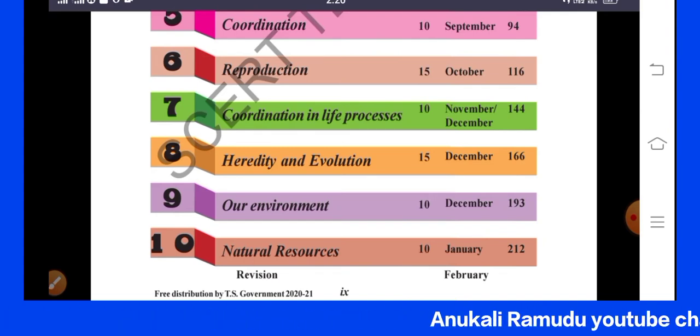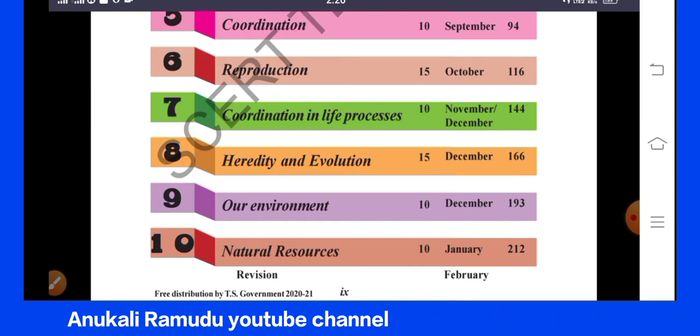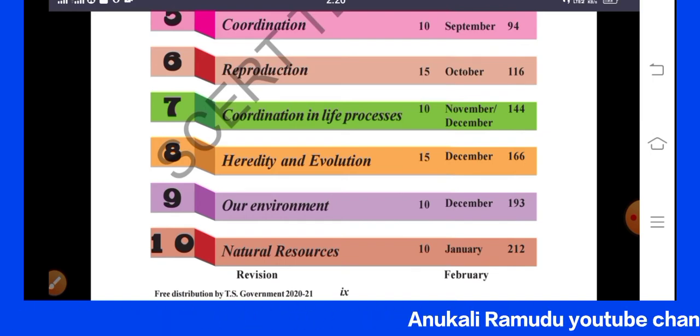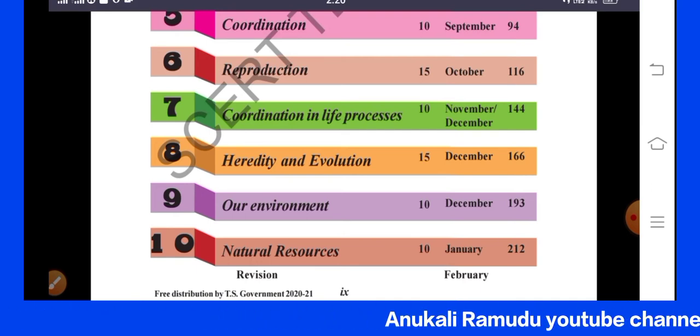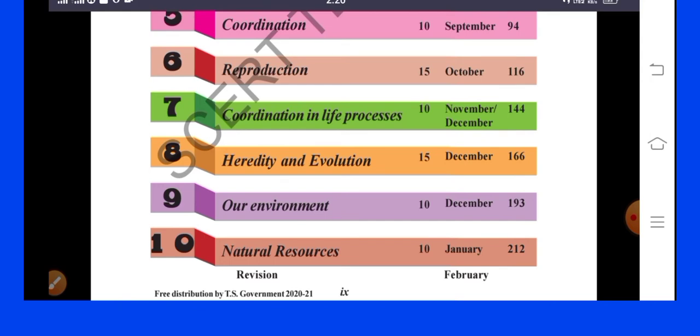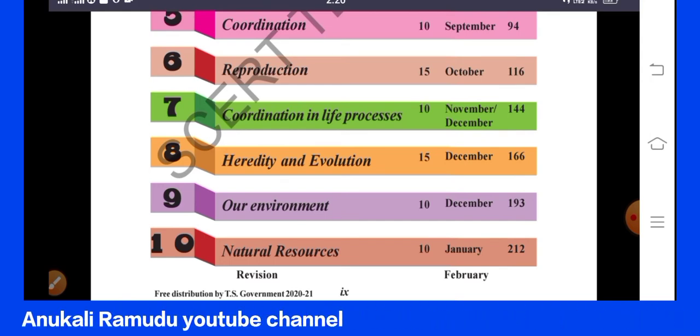Reproduction replaces the old one, and also it helps in the continuation of its race. Reproduction is generally of two types: asexual reproduction and sexual reproduction. In this chapter we will discuss it later.